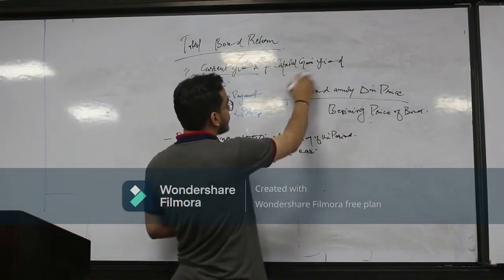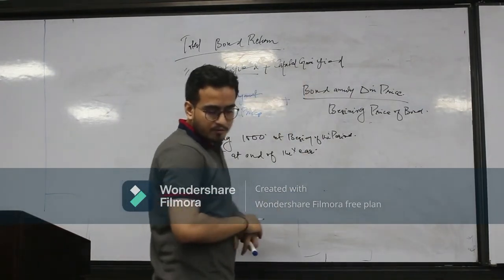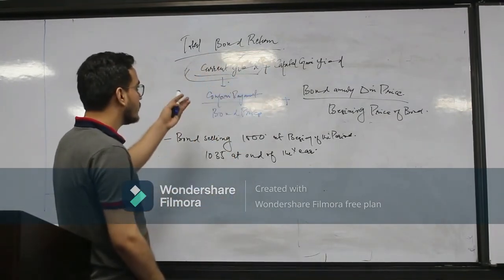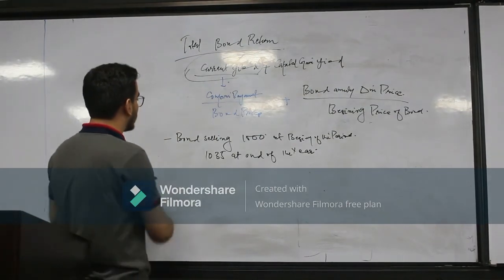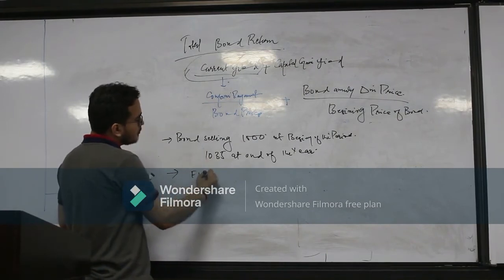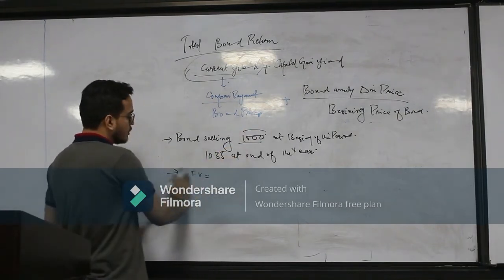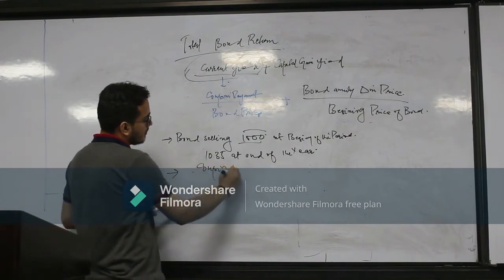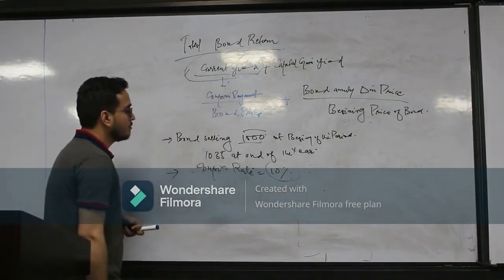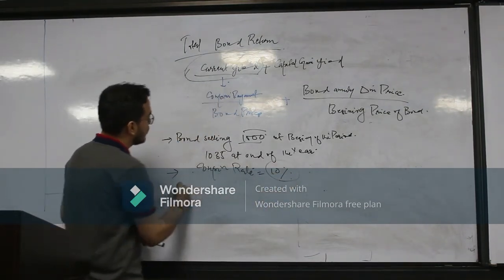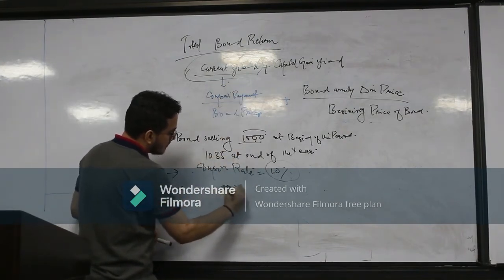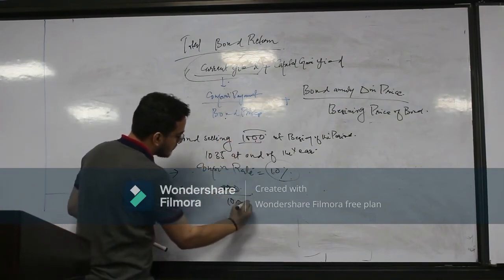So we can easily find the capital gain yield of the bond, and if we are asked to find the total bond return, then we also need to identify the current yield of the bond. So coupon payment. Let's suppose the future value of this bond is 1000. The coupon rate is, let's suppose, 10%. So what should be the current yield? The coupon payment will become 100 and the bond price is 1000.